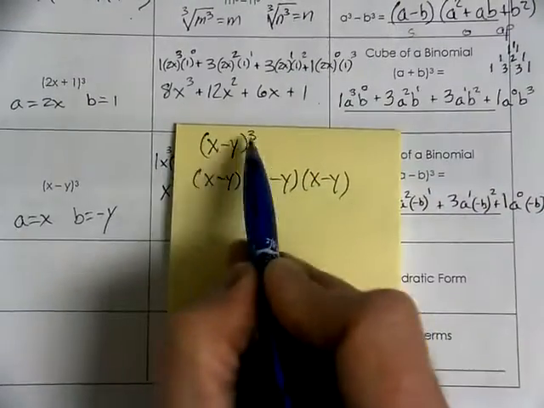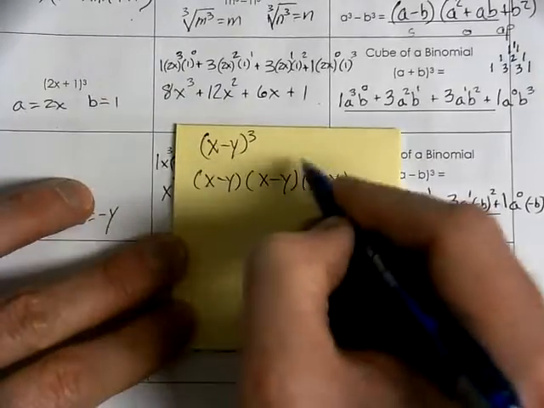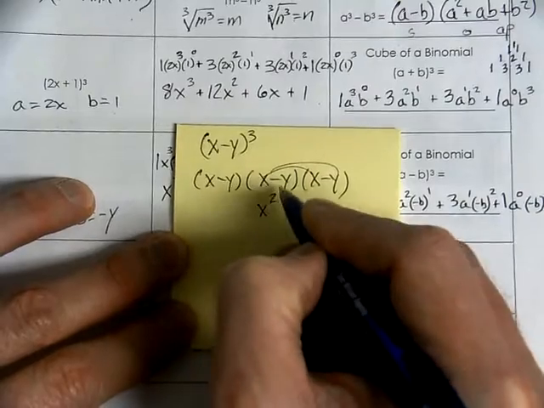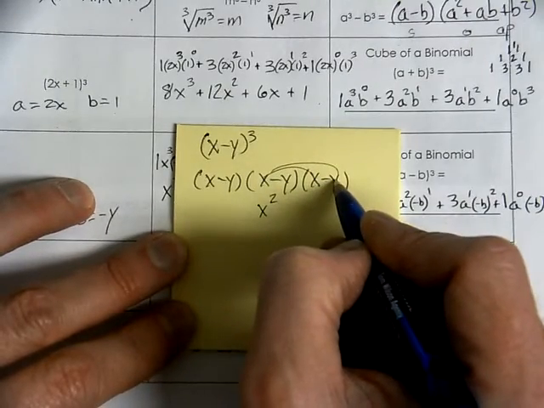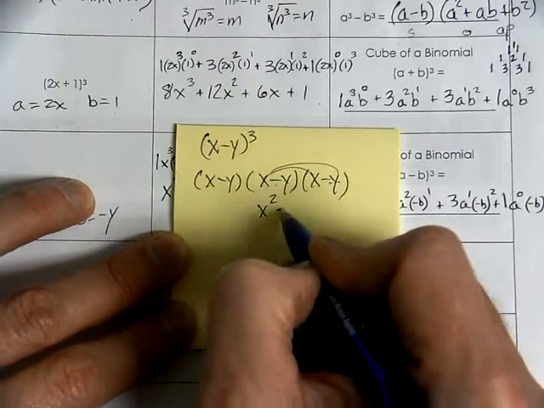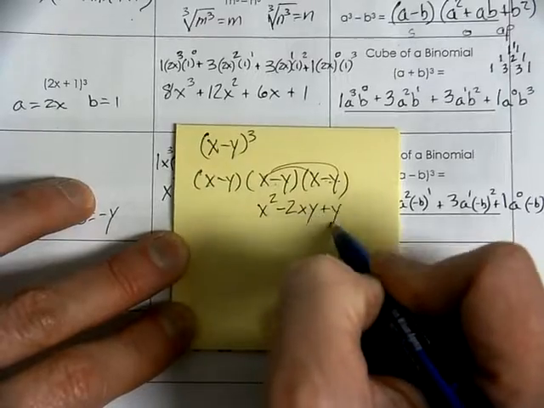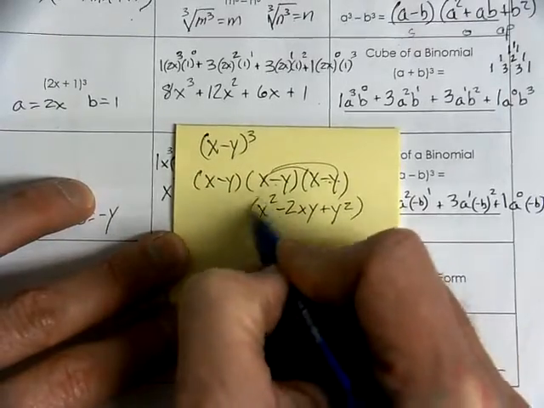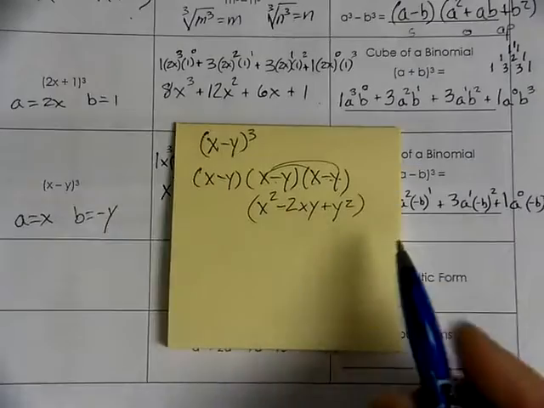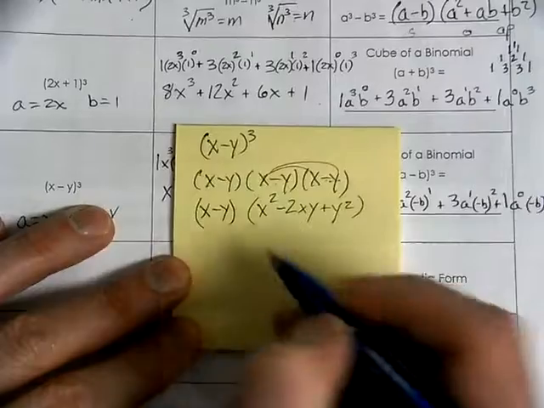You cannot just distribute, of course, that through. So we'll get x squared minus 2xy plus y squared. That's that pattern we had learned before from squaring a binomial. And we have x minus y.